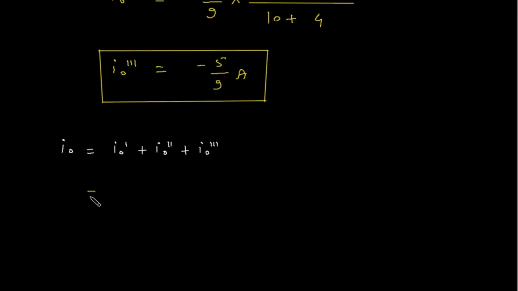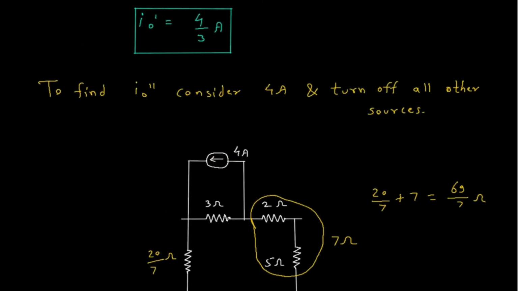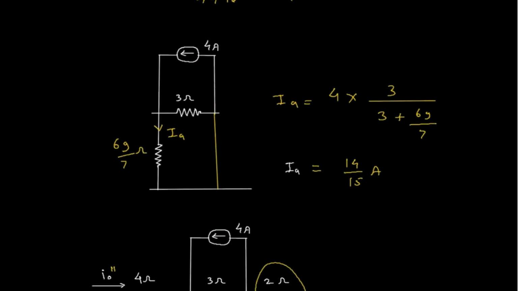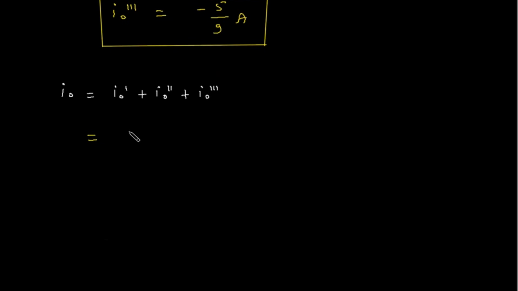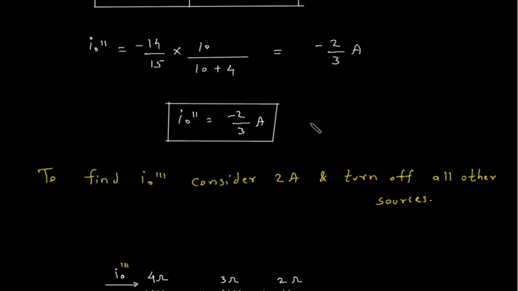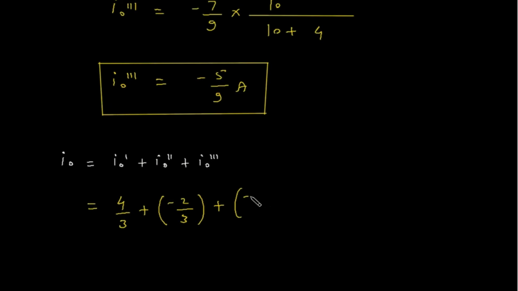So IO prime is 4 by 3 ampere, plus IO double prime, which is minus 2 by 3 ampere, and IO triple prime is minus 5 by 9 ampere.